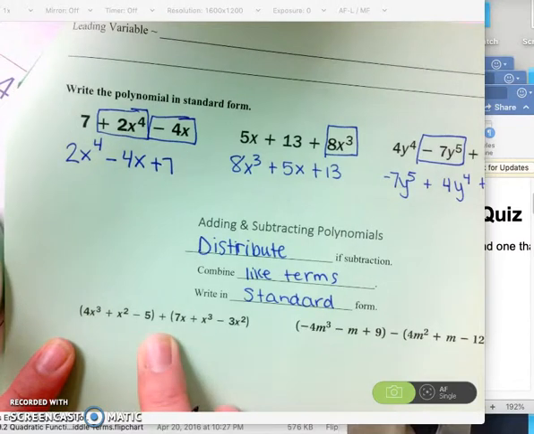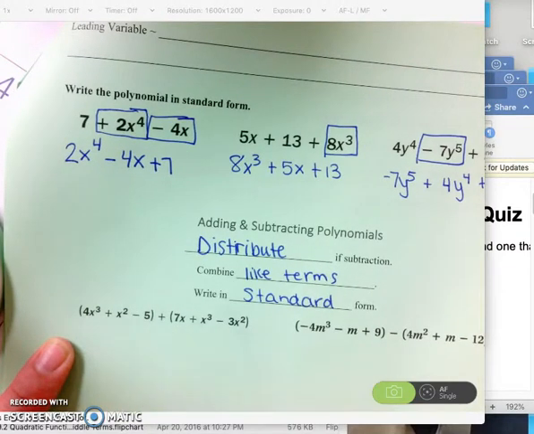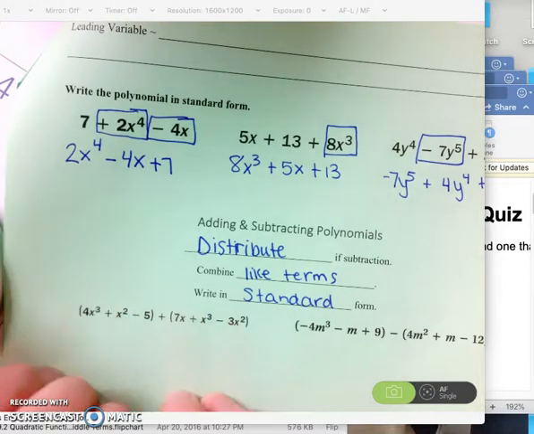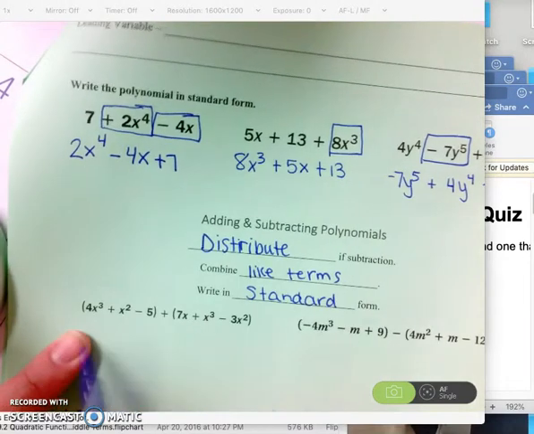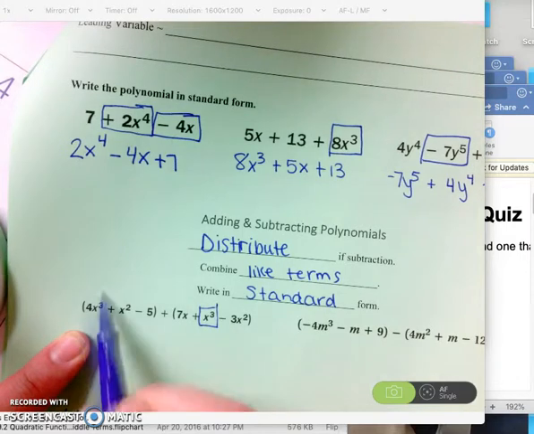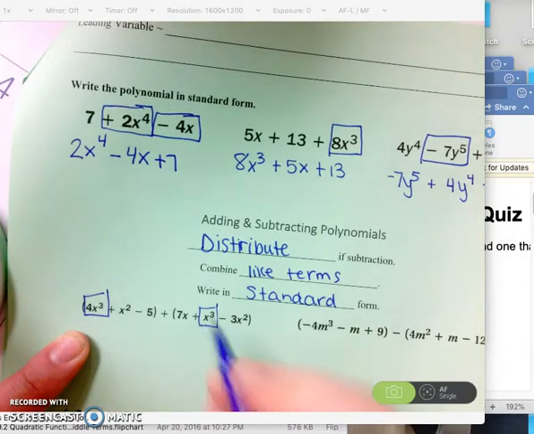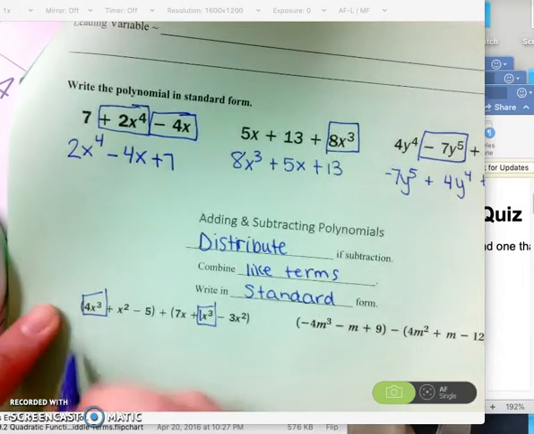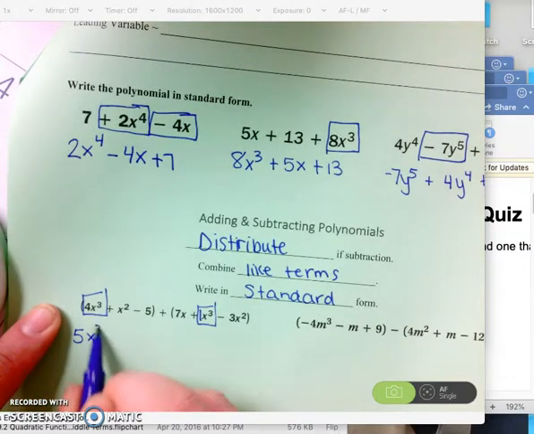Because adding, order doesn't matter, we can change all, or pretty much get rid of all of those. So we're going to be adding the thirds. If I don't have a coefficient, it's always 1. So 4 plus 1 is just 5x to the 3rd.